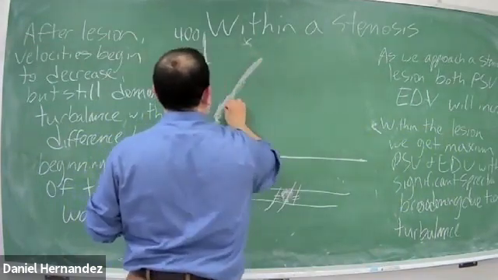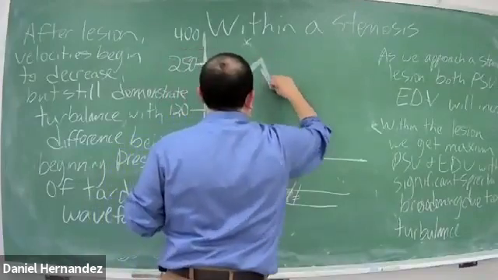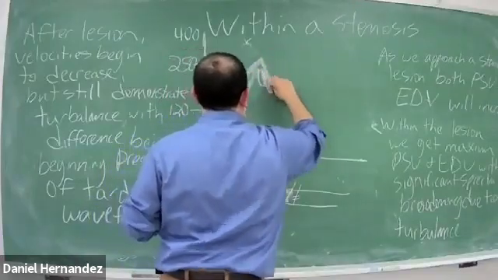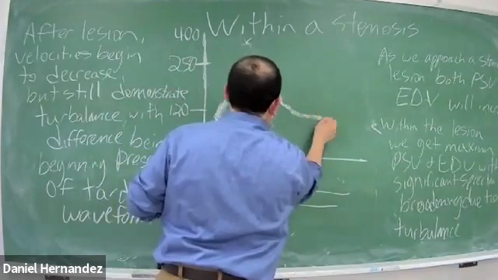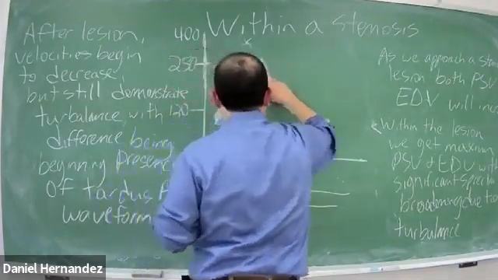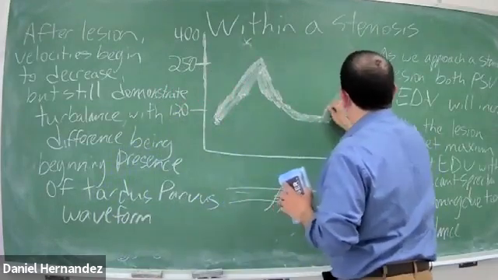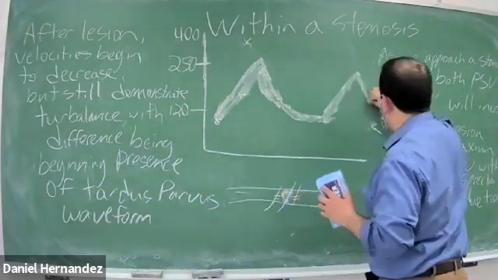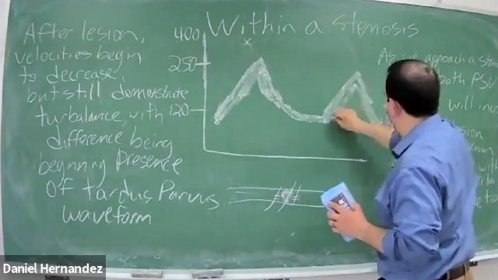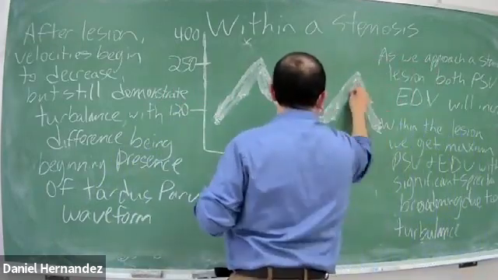It's not going to be as sharp a slope, and we're still going to have turbulent flow. So we're still going to have elevated velocities, but our waveform is going to change. We're going to have more of a tardus parvus waveform because we are now post-stenotic.